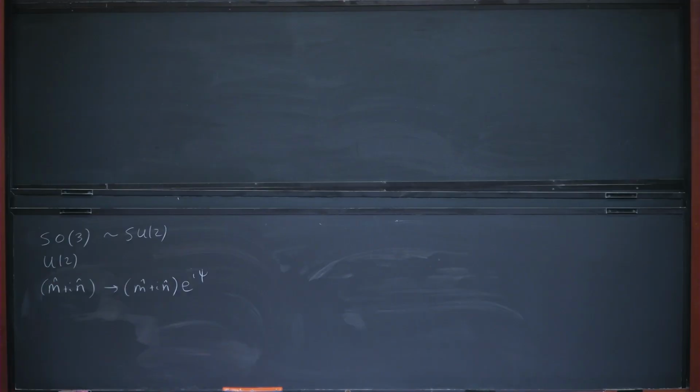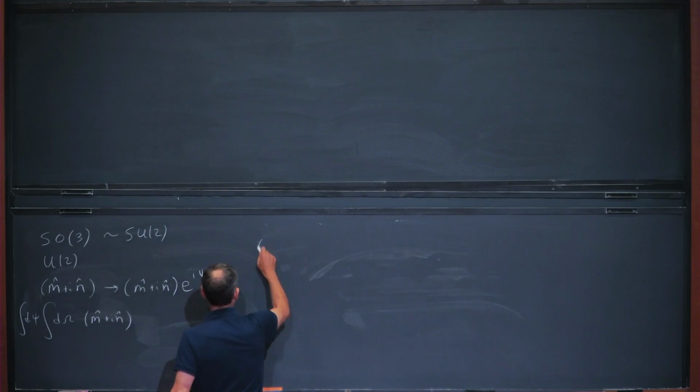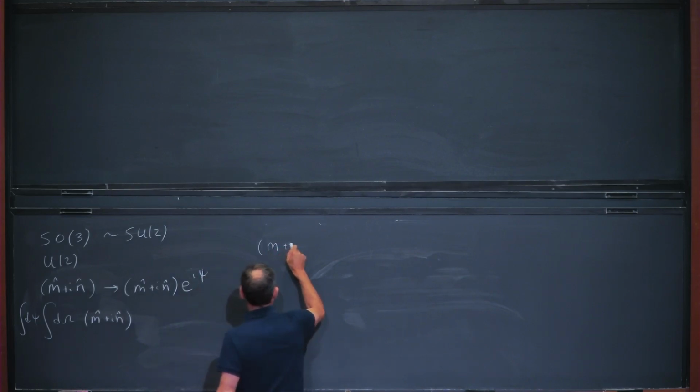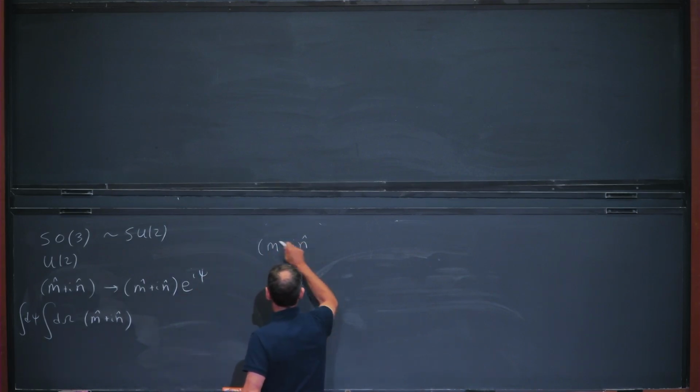And so if you look at quantities, for example, like the average over the sphere of m hat plus i n hat, these are not 0 because we haven't averaged over the entire group. The argument that you get 0 only applies if you also average over this angle psi. And so an interesting question is, why is it that, for example, some quantities don't require that average? And a good example is this.